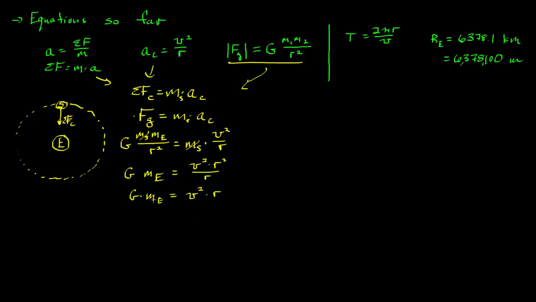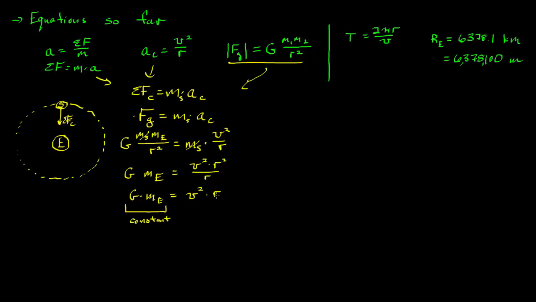Over on the left-hand side, this G is constant and the mass of the Earth is constant. So this entire thing is constant. And what that means is over here, these are inversely proportional. So if the radius goes up, the velocity has to go down, because it has to be the same number on the other side.